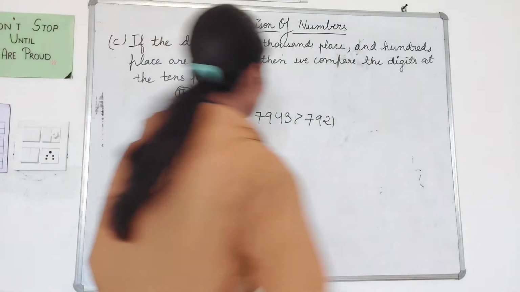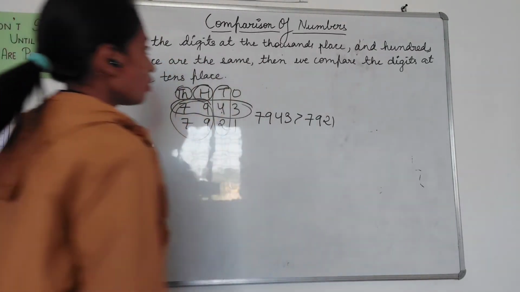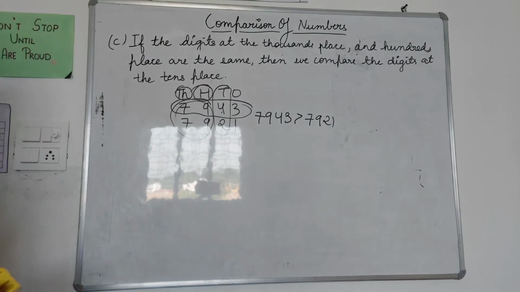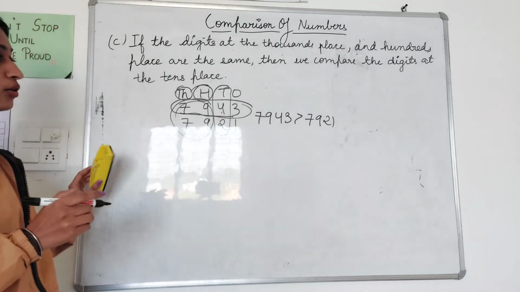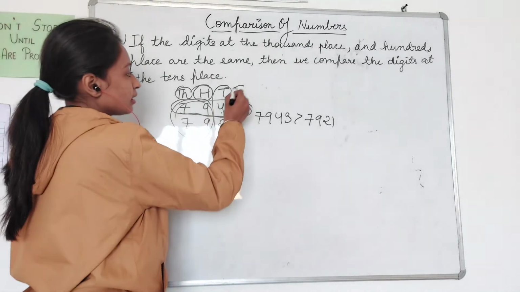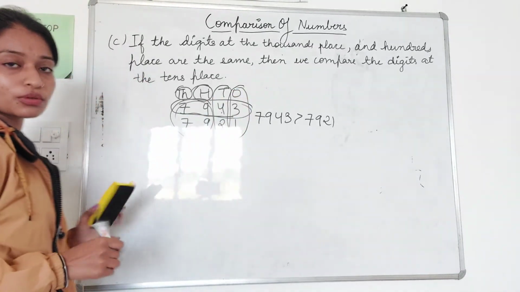And similarly we also compare the numbers for ones digit. ठीक है? अगर अब हमारे पास ये 3 digits सेम है तो हम क्या करेंगे, हम कंपेयर करते हैं डिजिट्स जो भी हमारे वंस की प्लेस पर होती है.